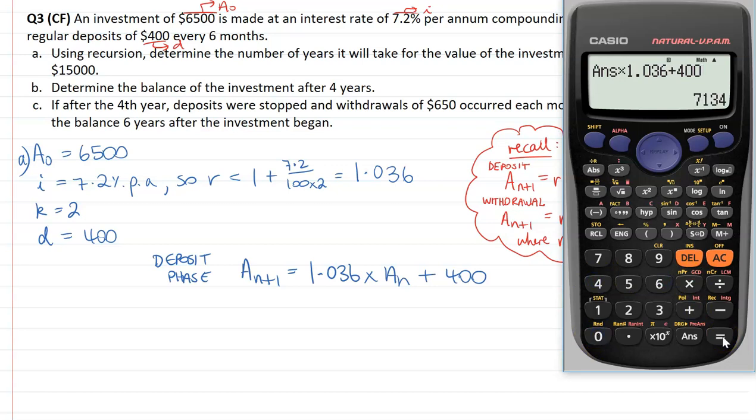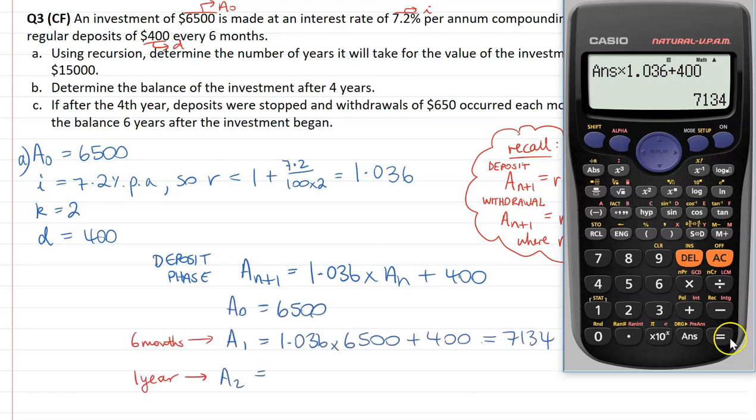That gives me, after the first 6 months, $7,134. The next time I apply that, this would be after a year, because every recursion is 6 monthly, I'd have $7,790.82. And then the question wants to know how many years it will take for the investment to get past $15,000. So after 1 year, I'm not even up to 8,000 yet.